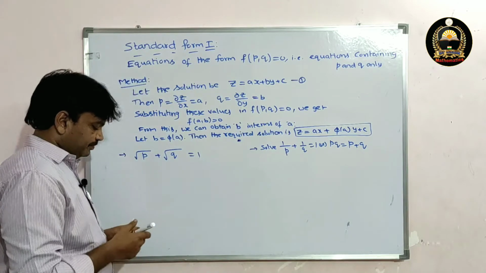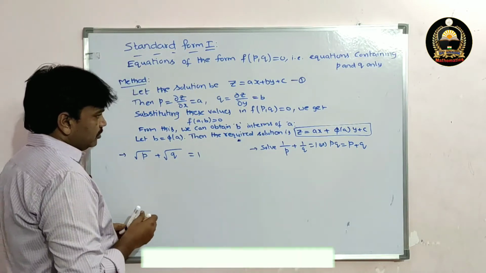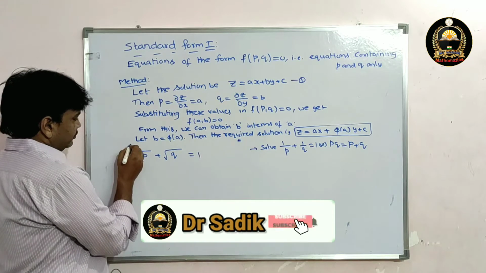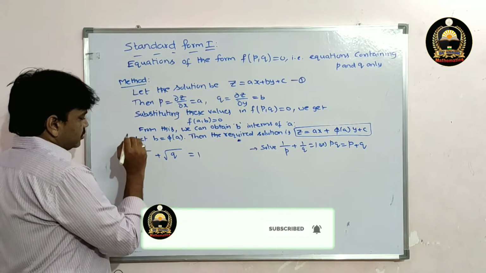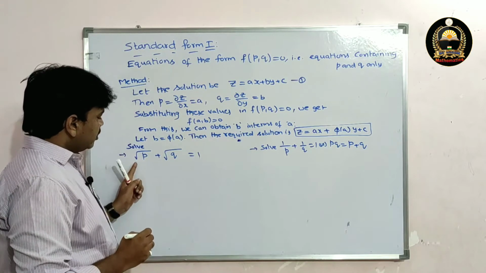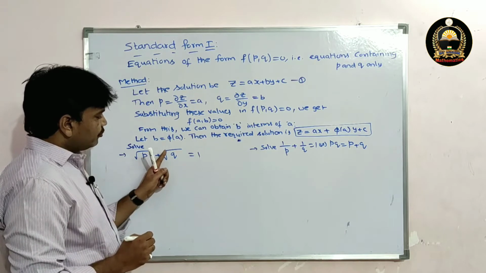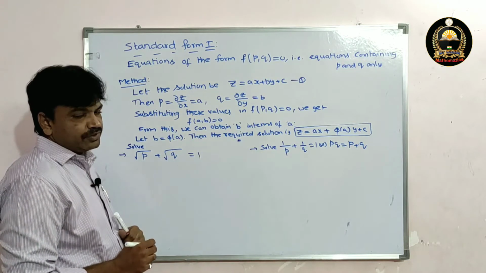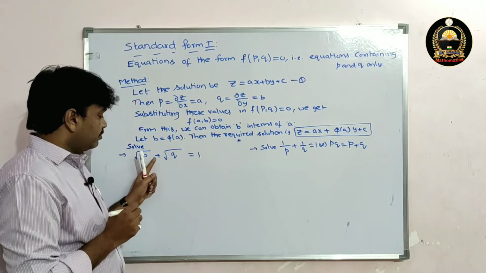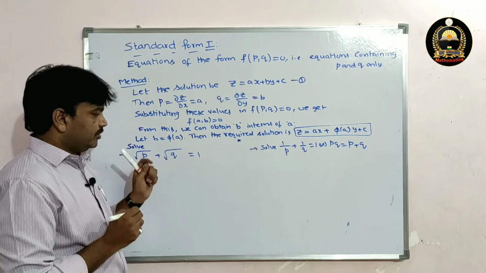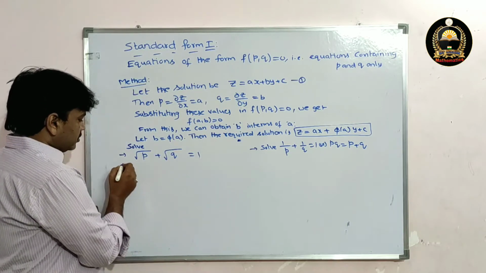Let us see the problem, students. Write down. Solve square root of p plus square root of q is equal to 1.